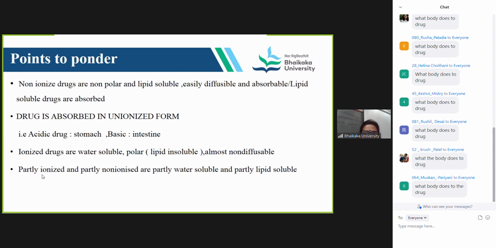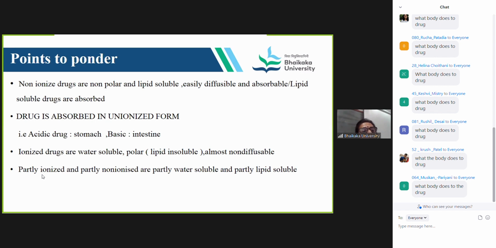You have to remember a little bit of the chemistry terms here. Unionized drugs are non-polar and lipid soluble. What is the characteristic of these unionized, lipid soluble drugs? They are easily diffusible and absorbable.